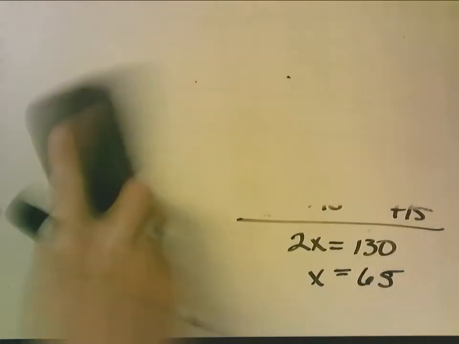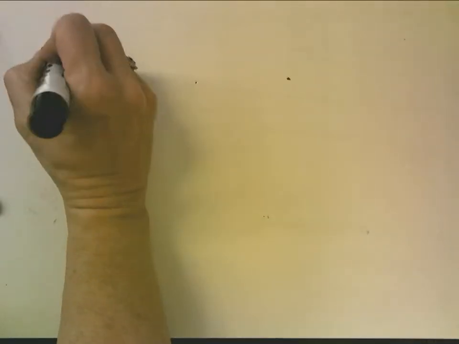Okay, now we'll do one last problem, and that's number 8. And it says pencil sharpeners cost $15 more than a calculator. If I bought 3 pencil sharpeners and 10 calculators for my classroom and spent $175, how much did each item cost?